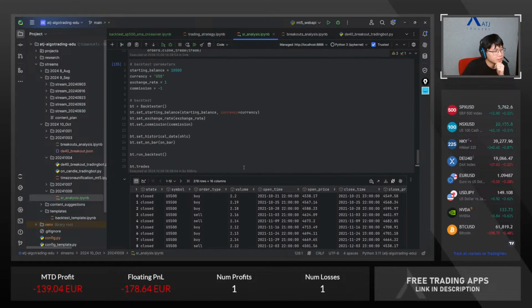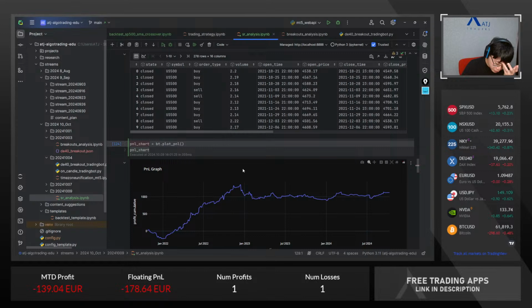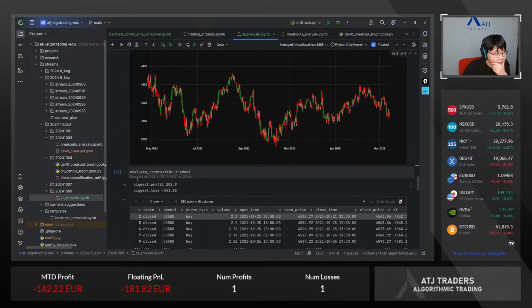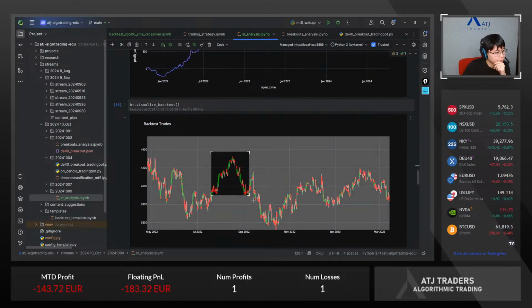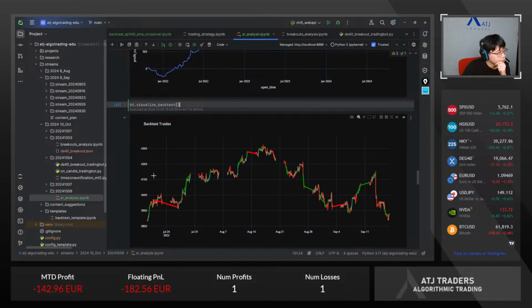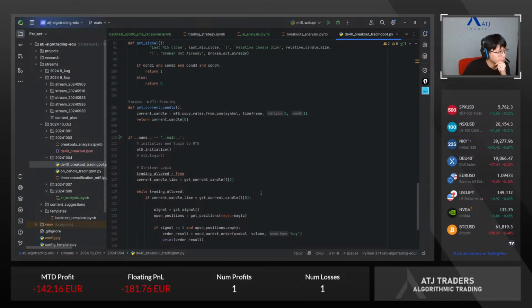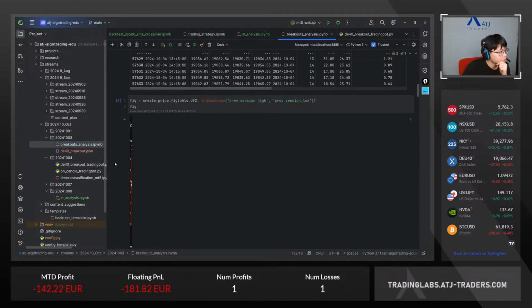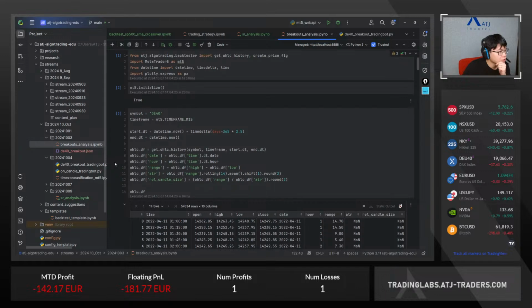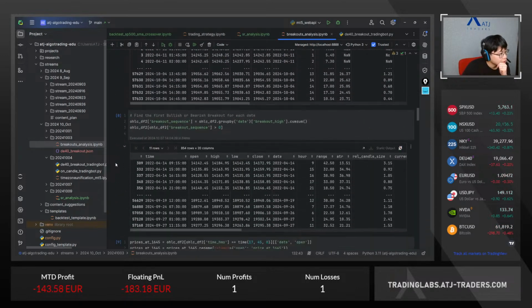So you want to keep the strategy as simple as possible, but at the same time you want the strategy to look as nice as possible, and that's just so difficult. When I look at the DE40 breakout trading bot, I'm very happy with that because it's so simple, and because it's so simple, there's less chance of cherry picking just the good trades.